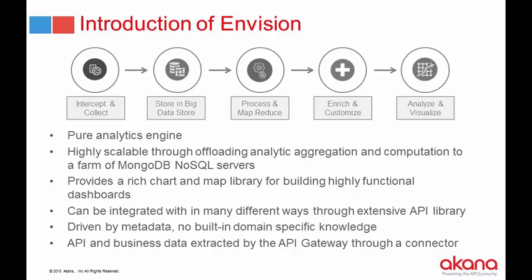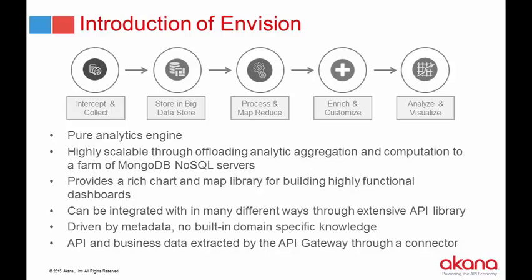In the case of the API gateway, it will create metadata or data sets that reside in the Envision product. They will have policies that know how to extract the operational metrics and inject them into the Envision product. And it also gives you the ability to define policies that will extract business-specific information.